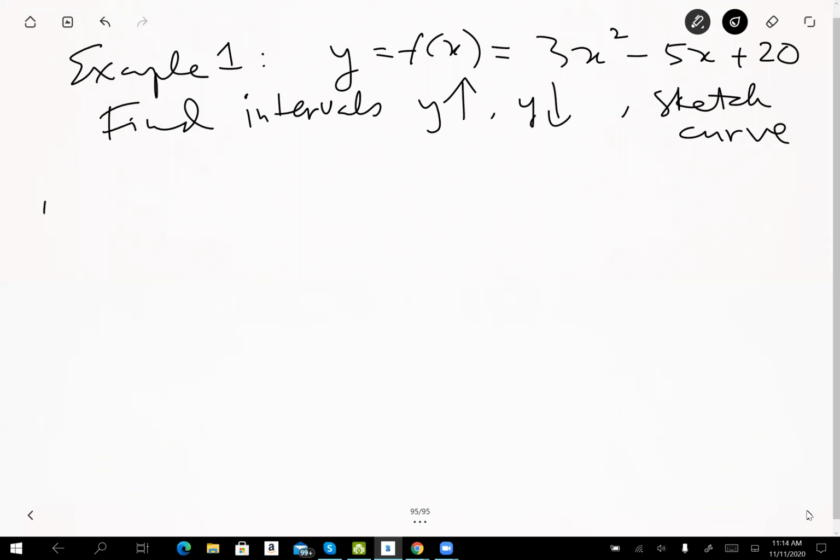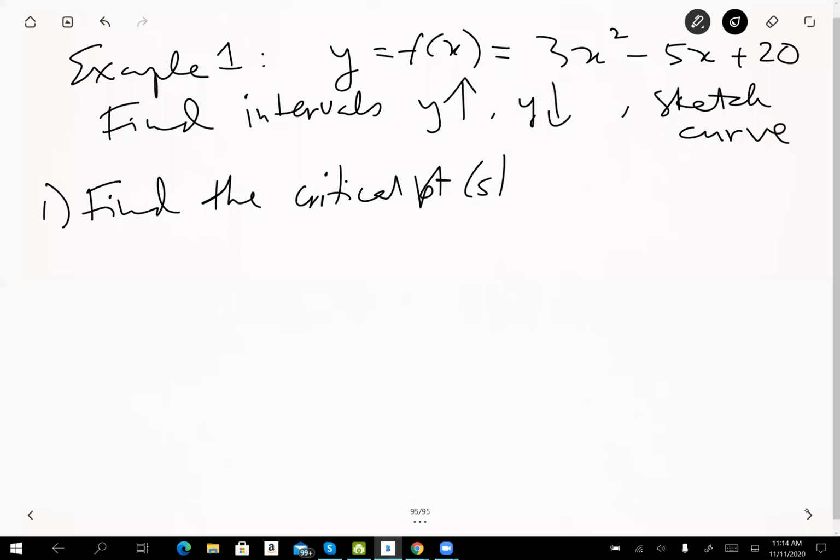Number one, what do I need? I need to find the critical point, or points, because it can be more than one. As you know, at a critical point y prime is 0. So you take the derivative of y. What do I get?